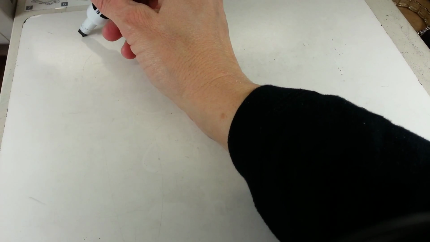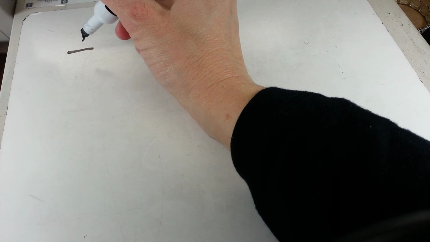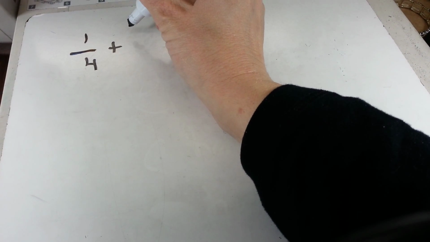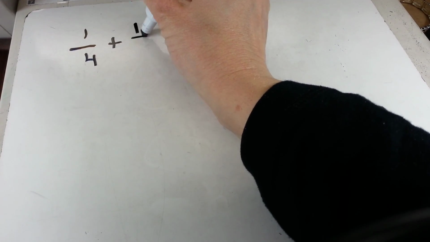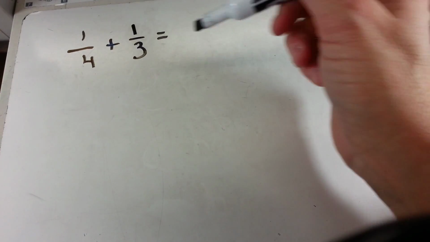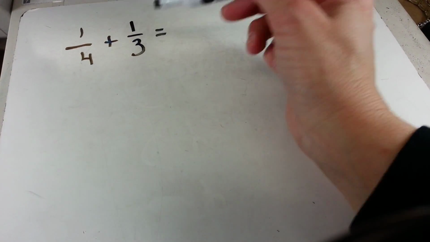If they are presented with a math problem that looks like this, 1/4 plus 1/3, the first thing we have to do is look at the bottom numbers.